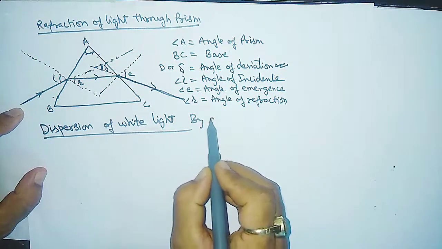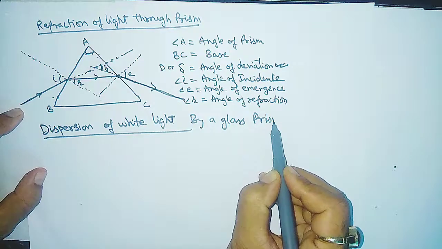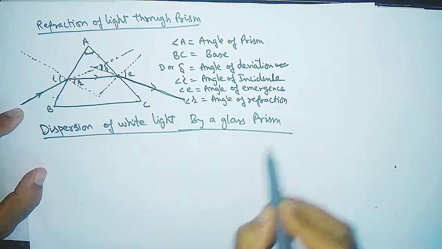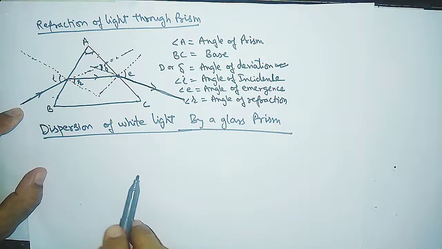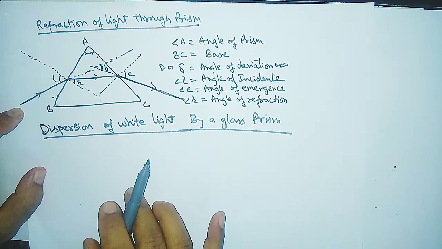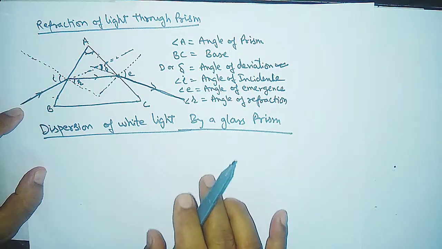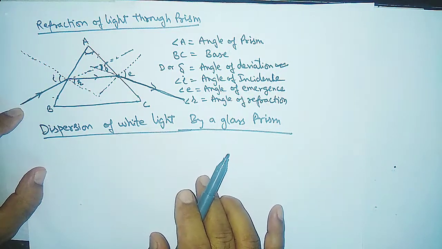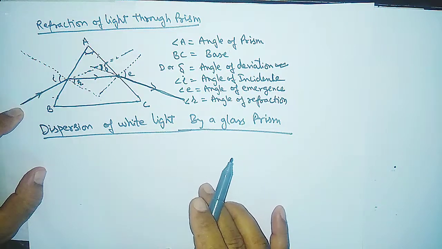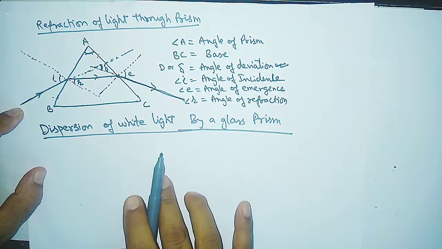White light by a glass prism, we'll discuss this topic right now. White light means it consists of many different colors. Actually, white light consists of 7 colors. We'll discuss how we can say that white light is made up of 7 colors. It is proved by dispersion.